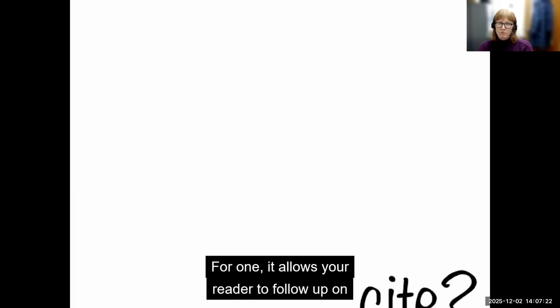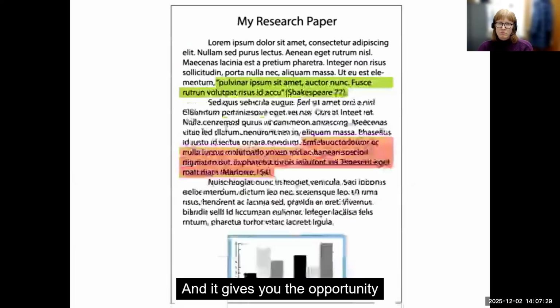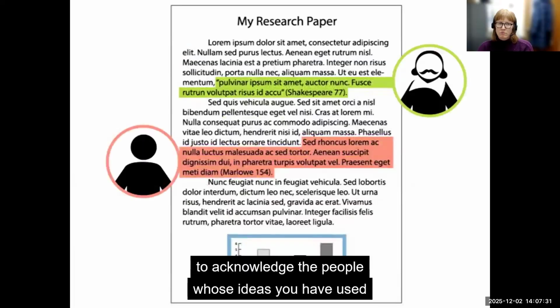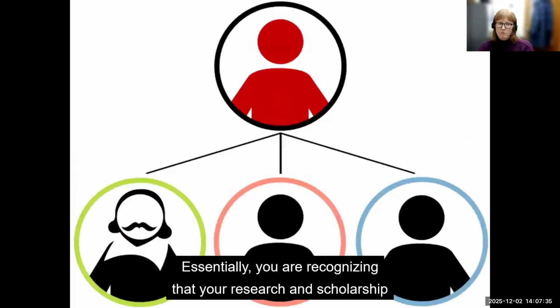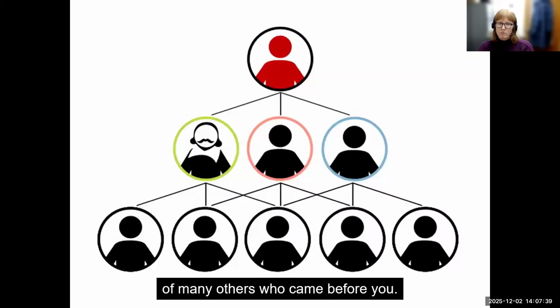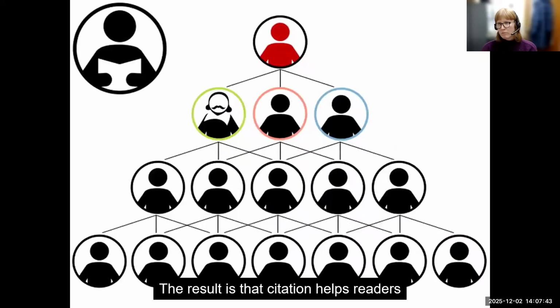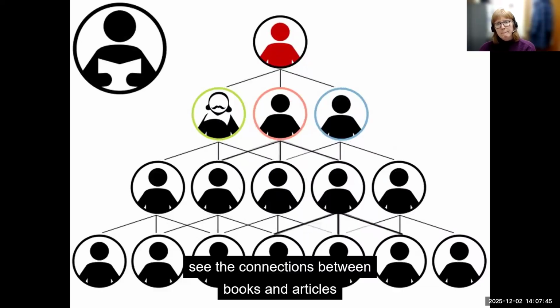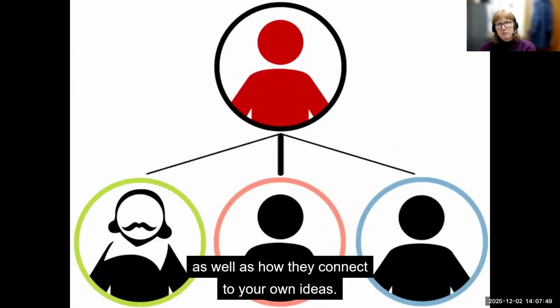For one, it allows your reader to follow up on and to verify claims that you make in your writing, and it gives you the opportunity to acknowledge the people whose ideas you have used to advance your argument. Essentially, you are recognizing that your research and scholarship builds upon the work and the ideas of many others who came before you. The result is that citation helps readers see the connections between books and articles published by many different authors, as well as how they connect to your own ideas.